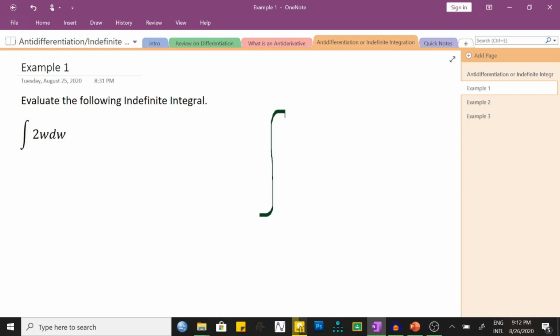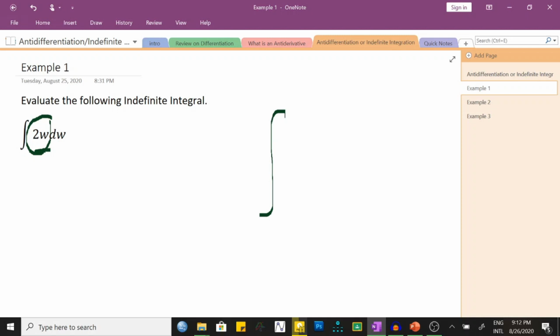So when we see this notation beside a function, for example, 2w, this means that we are to look for that family of antiderivative for 2w. And that is done by identifying a particular antiderivative and then add plus c. Because again, antidifferentiation is a problem on identifying all possible antiderivatives and not just one.